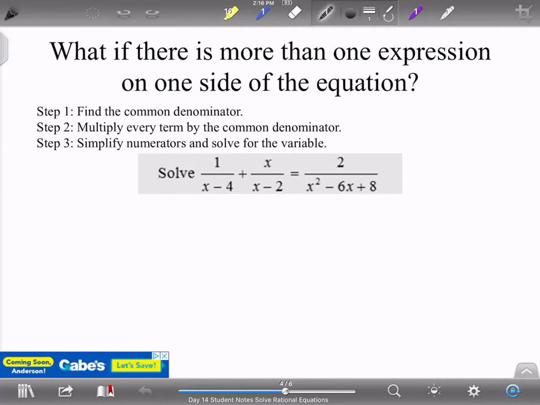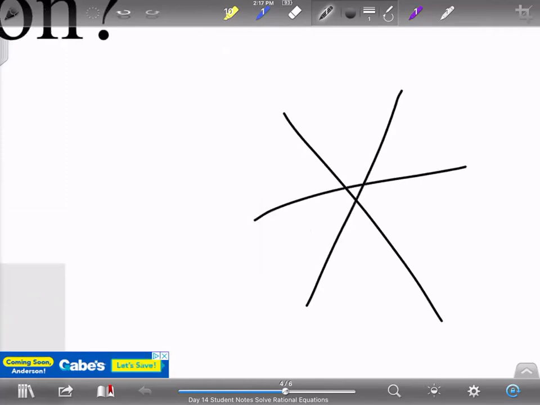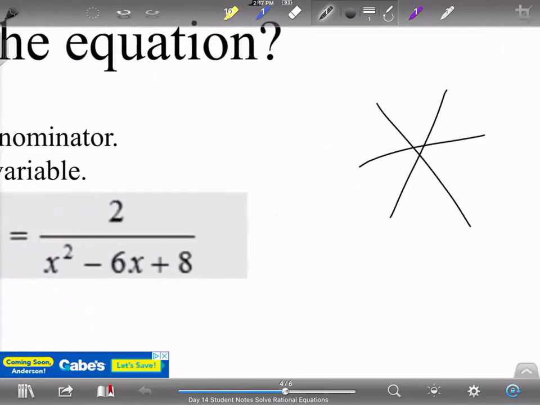So I'm going to take x squared minus 6x plus 8, and I'm going to factor it. Easiest way to factor that would be using the asterisk. So I would have 1 in the top left, top right, -6 in the bottom middle, and 8 times 1, which is 8, in the top middle.